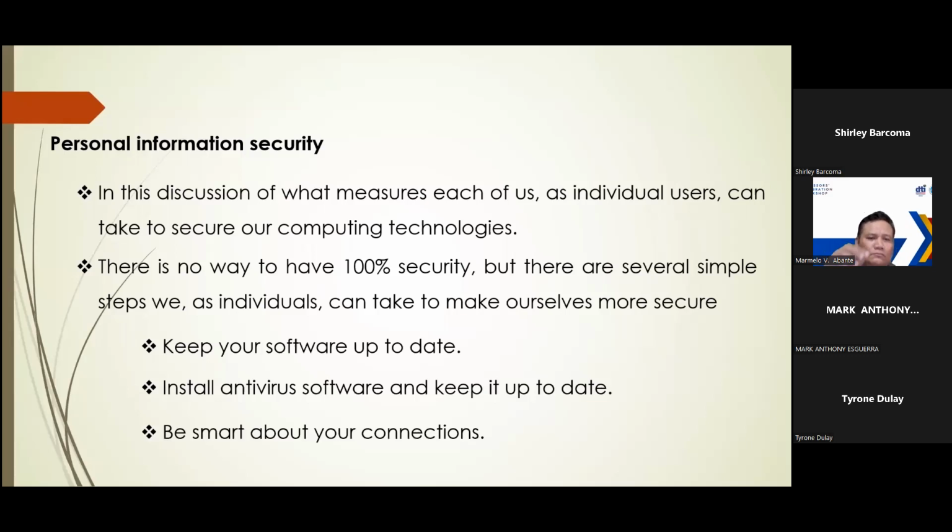Next is to be smart about your connection. When connecting to a Wi-Fi network in a public place, be aware that you can be at risk of being spied on by others sharing that network.